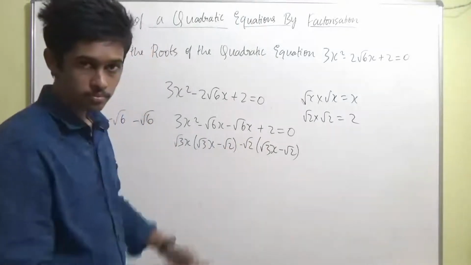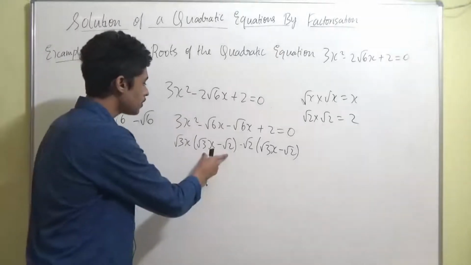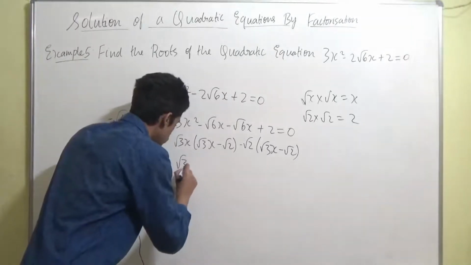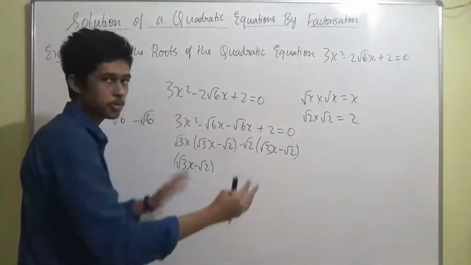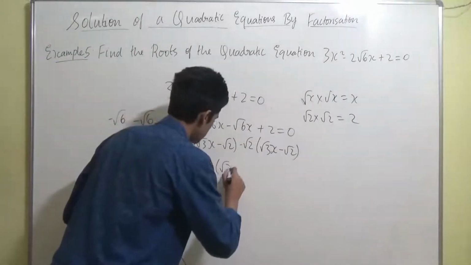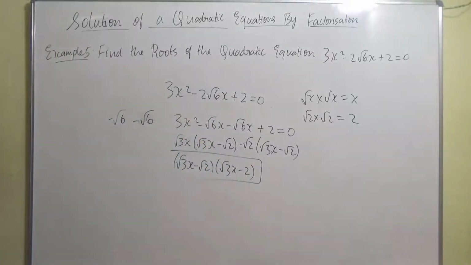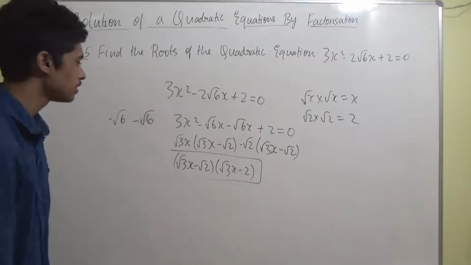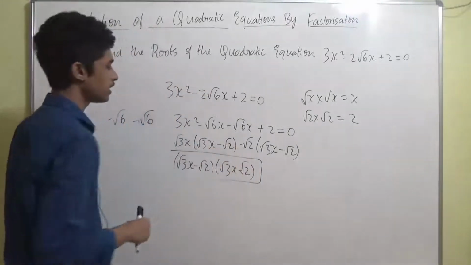So still here it's correct. Root 3x in common, and the remaining term we put in the bracket, root 3x minus root 2. As simple as that. Oh, I forgot the root, because there's a root here as well, right?